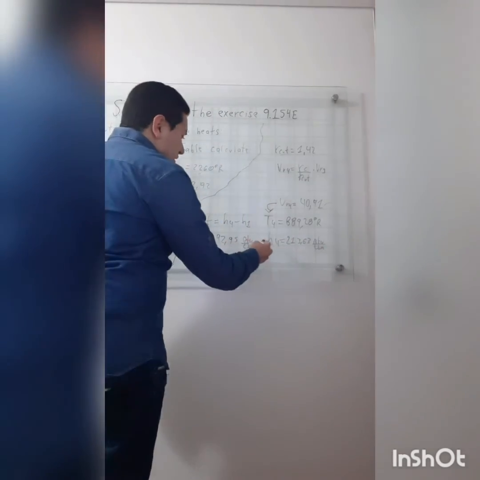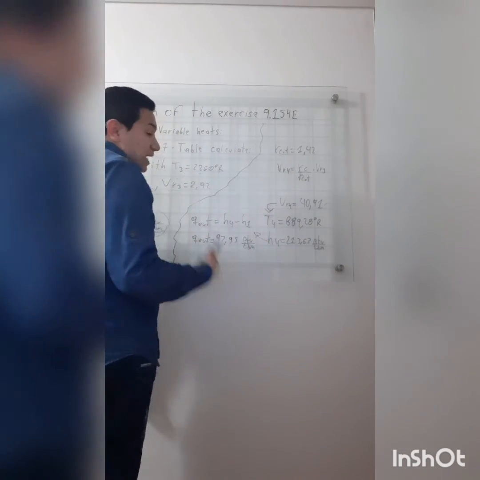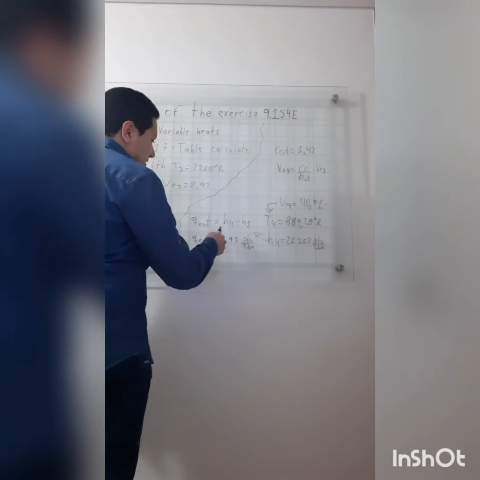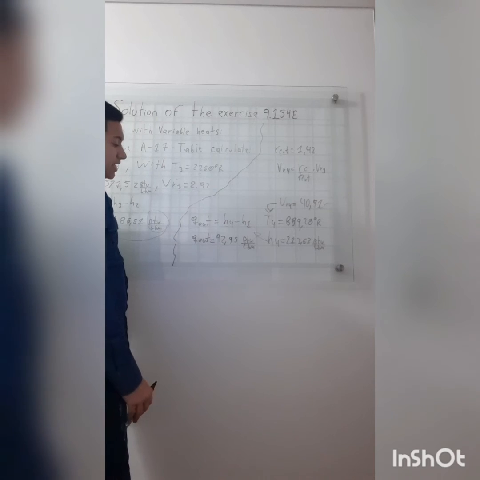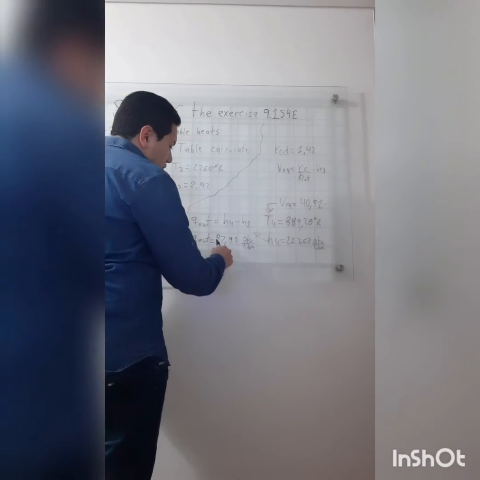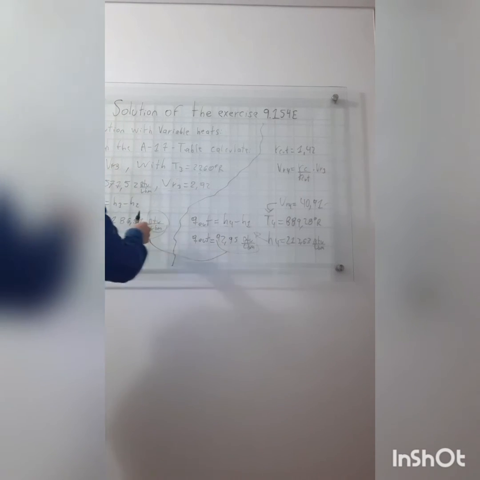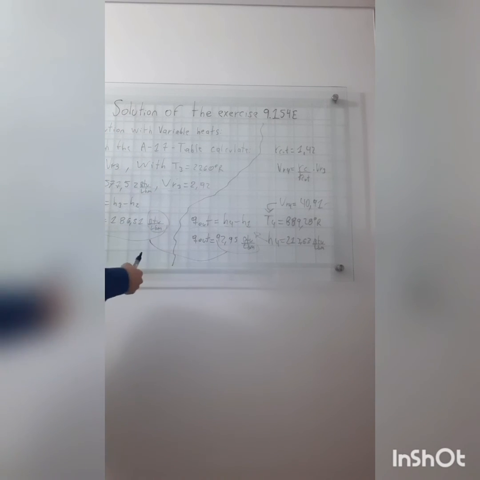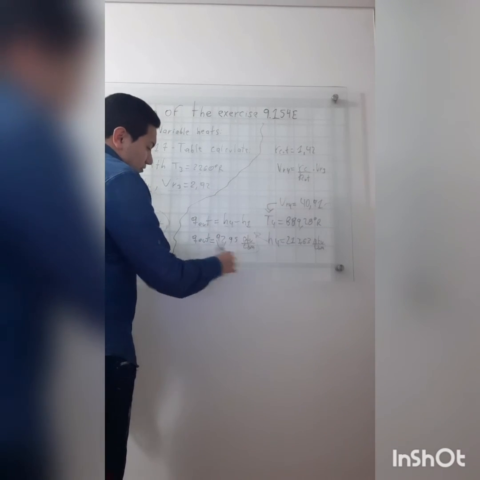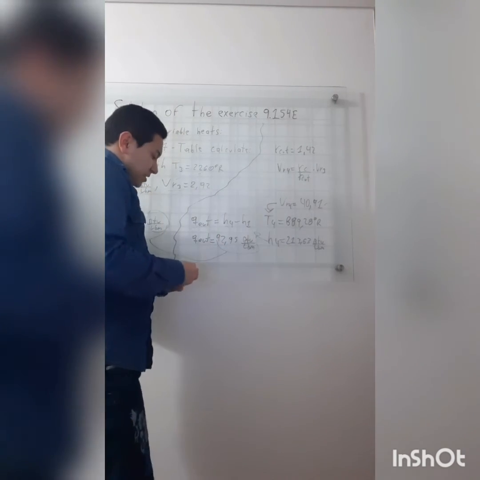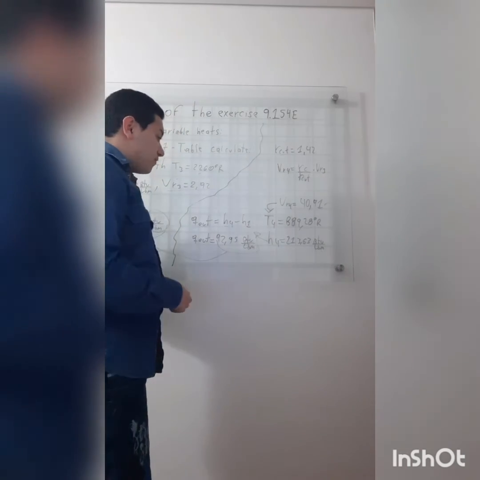With the enthalpy 4 we can calculate the rejection of heat. Remember, we need these two heats, the addition and the rejection heats, to calculate the efficiency of the cycle.